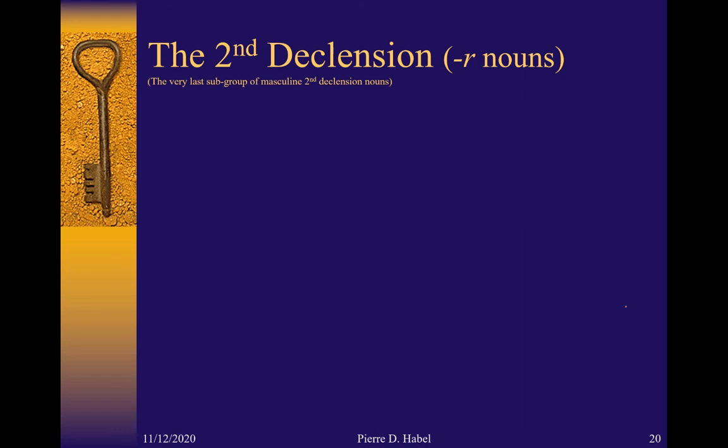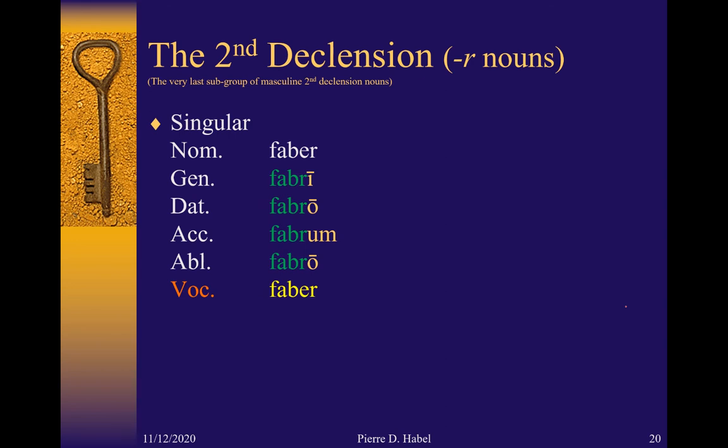But I want you to recall that in class on Thursday, we made use of a couple new ER second declension nouns. We practiced with faber, fabri, the word that means builder or engineer.